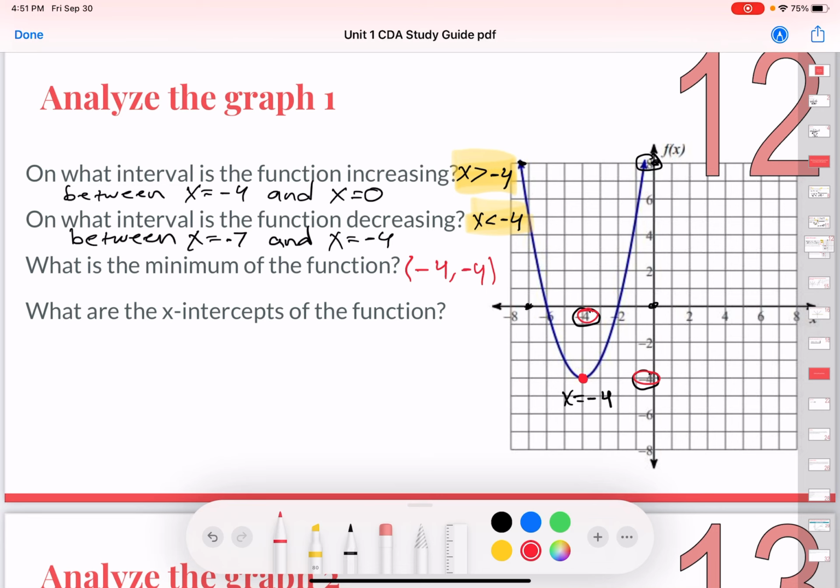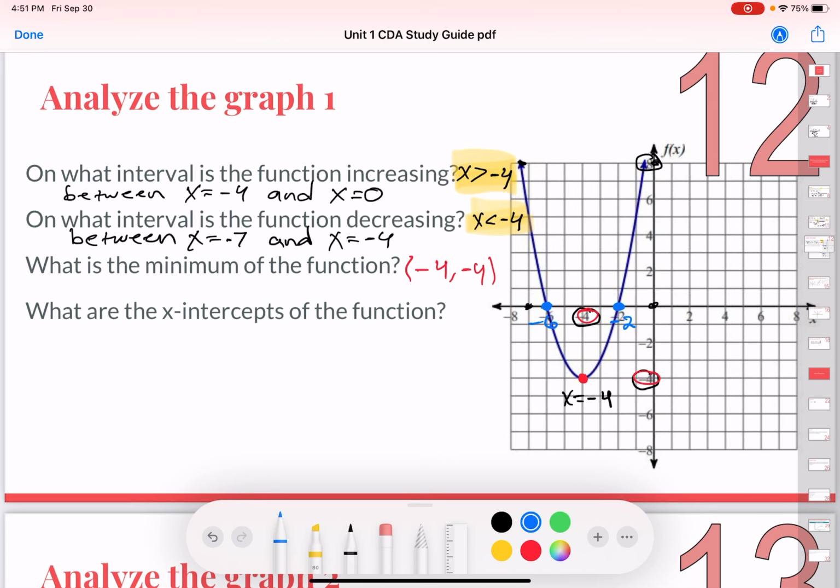And then finally, what are the x-intercepts of the function? The x-intercepts happen where it crosses the x-axis. So that happens twice in this case. And that appears to be at -6 and -2. Those are the x values at those points.